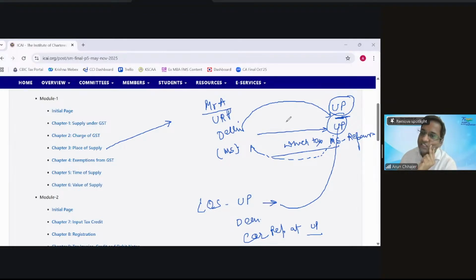You all are saying that it is CGST plus SGST because POS is UP. Now I'm asking the question why POS is UP.